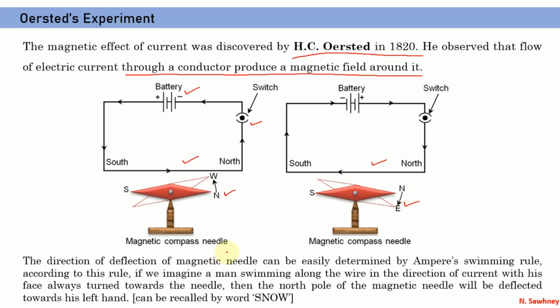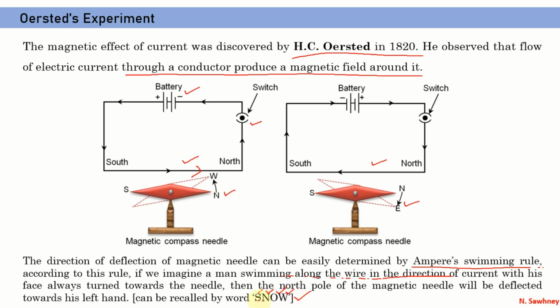The direction of deflection of the magnetic needle is determined by Ampere's swimming rule. According to this rule, if we imagine a man swimming along the wire in the direction of the current with his face always turned towards the needle, then the north pole of the magnetic needle will be deflected towards his left hand, and it can be recalled by the word SNOW, where S stands for south, N for north, O for over the needle, and W towards the west.